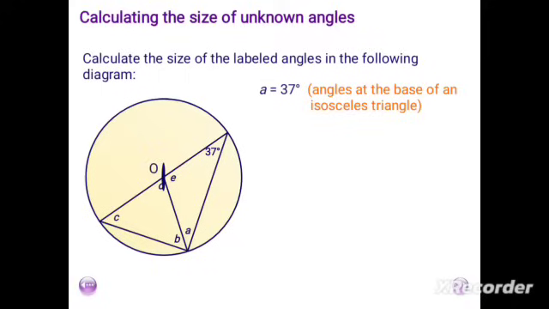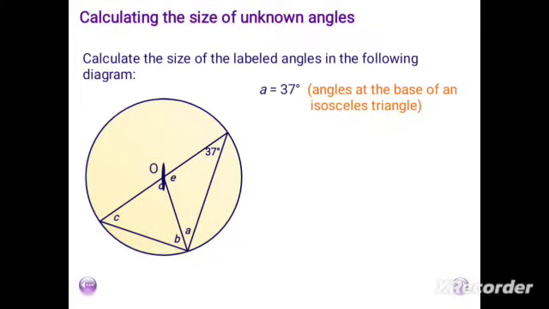Our diagram is a circle with the center O, and we have the given angle 37 degrees, and other angles are labeled with letters.